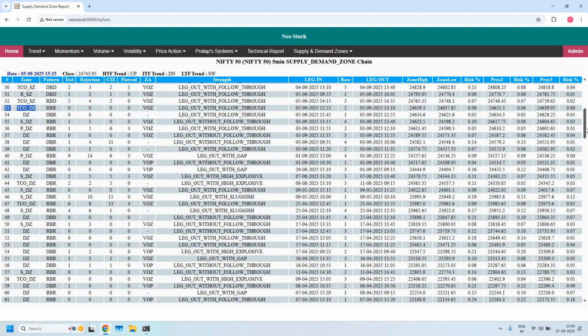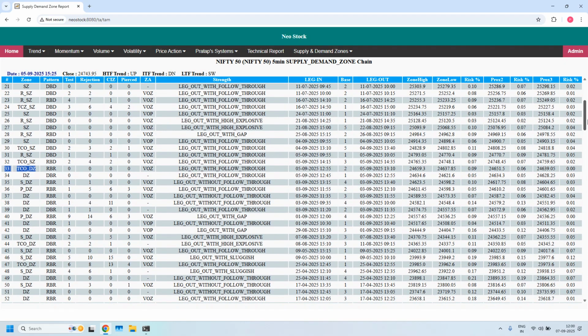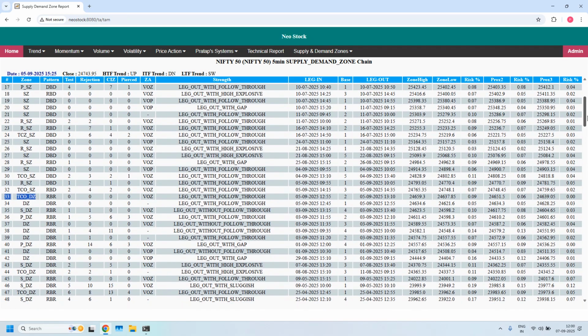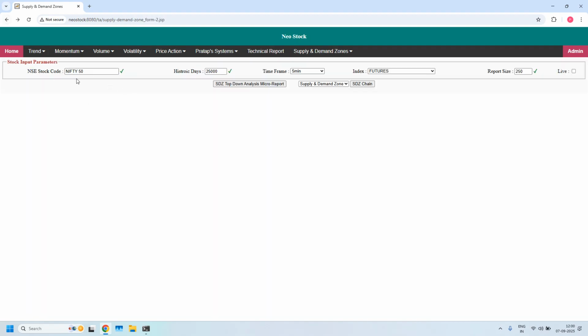I will adjust in the middle of the page. Okay. So this is about NIFTY supply demand zone chain generation. Next, I will generate BANKNIFTY supply demand zone chain.